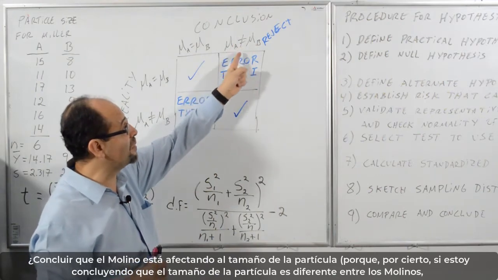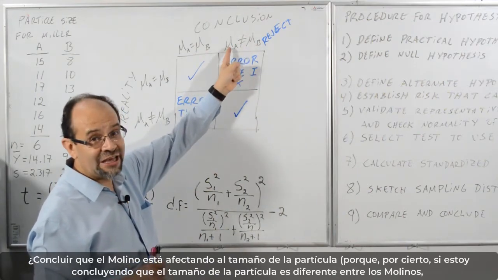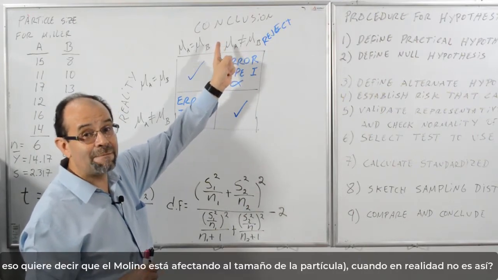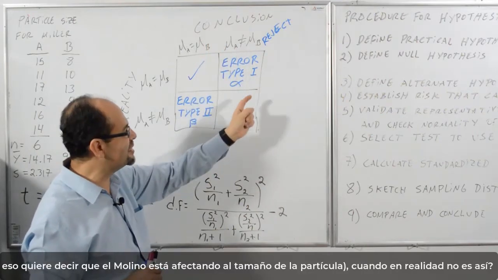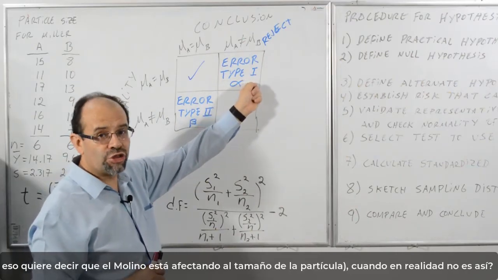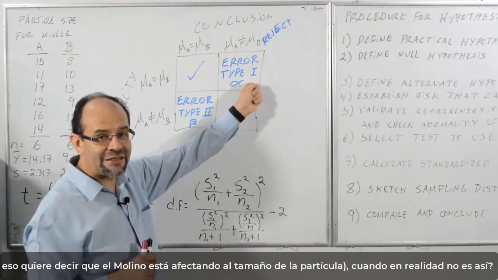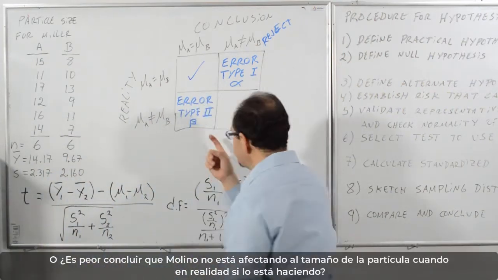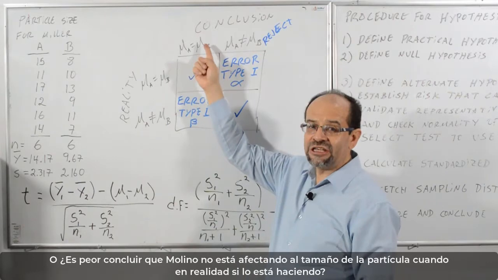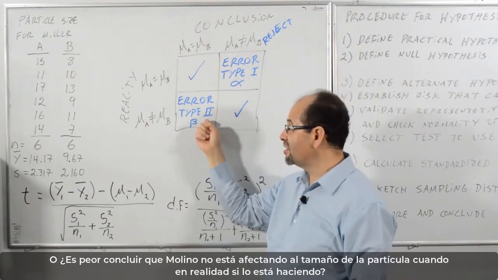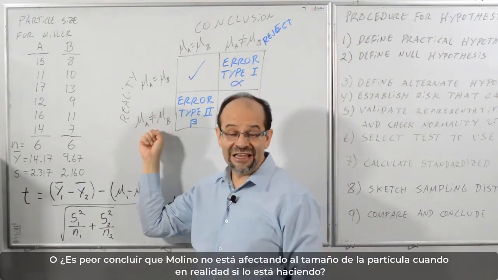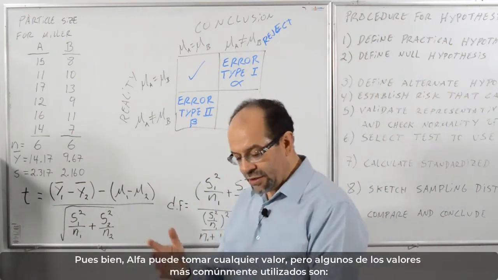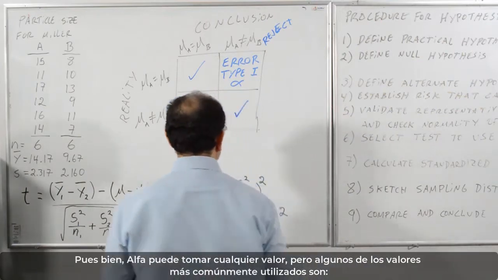Because, by the way, if I am stating that the particle size is different depending on the Miller, that means that the Miller is affecting the particle size. What is worse? To conclude that the Miller is affecting particle size when in reality it is not, or is it worse to conclude that the Miller is not affecting particle size when in reality it is affecting? Well, for this case, alpha can take many numbers.